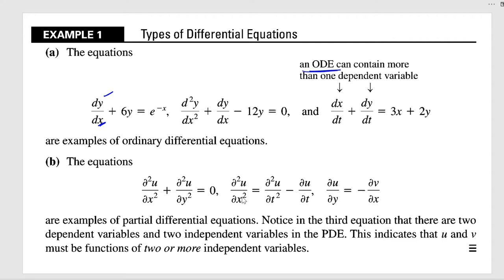For an ordinary differential equation, we will have only one independent variable. See here, this t is our independent variable, but we can have more than one dependent variable. Here, x and y are dependent variables. But if the number of independent variables is more than one, for example, two or more, then this equation is called a partial differential equation.